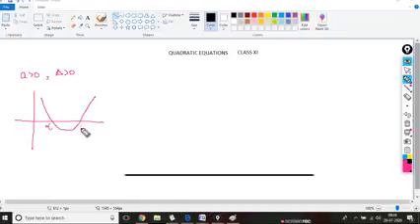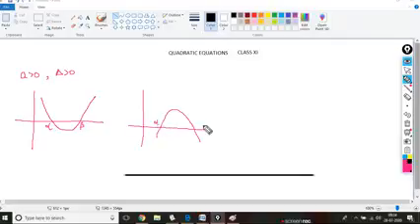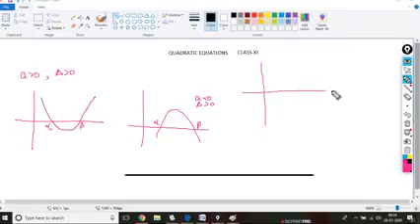This is alpha. This is beta. Now a less than 0, delta greater than 0, this is the graph. Now what happens if delta is 0?